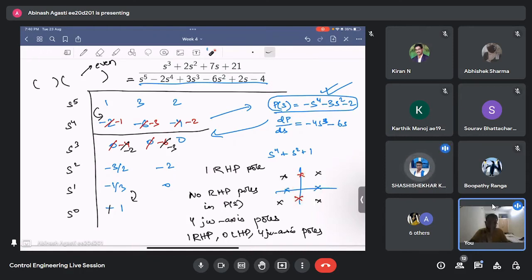So if there is one sign change, that means one right half plane pole, then by symmetry there must also be one left half plane pole. So if there is one sign change here, then one right half plane pole, one left half plane pole, and the remaining will be on the j omega axis, that is two j omega axis poles.